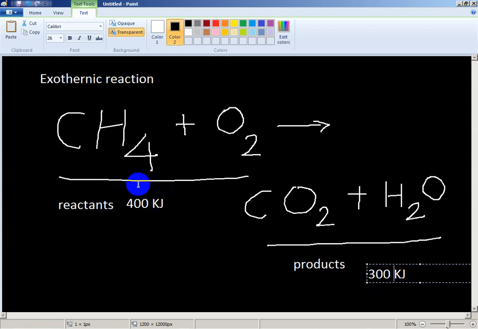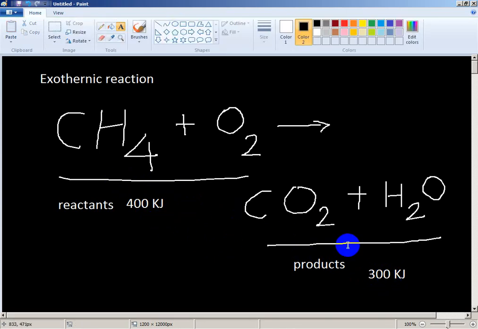When reactants form products, how much excess energy is there? 400 kilojoules minus 300 kilojoules, so 100 kilojoules of energy is excess. This excess energy is released to the surroundings. So in an exothermic reaction, energy is released to the surroundings.